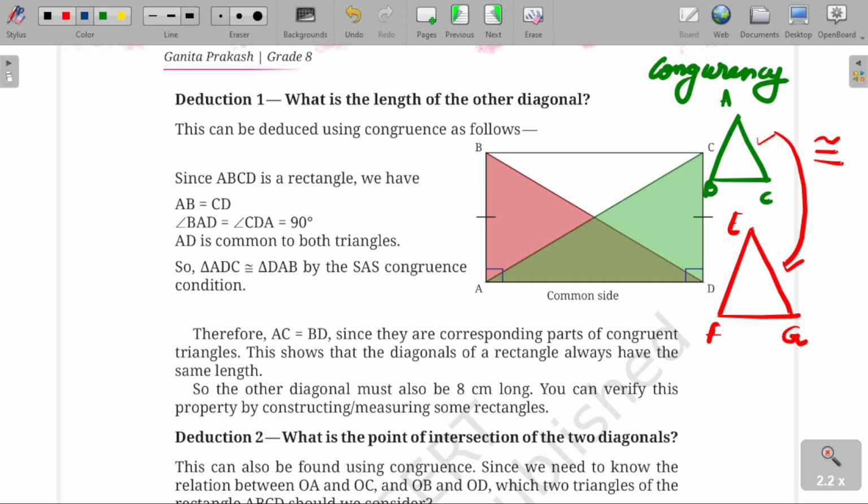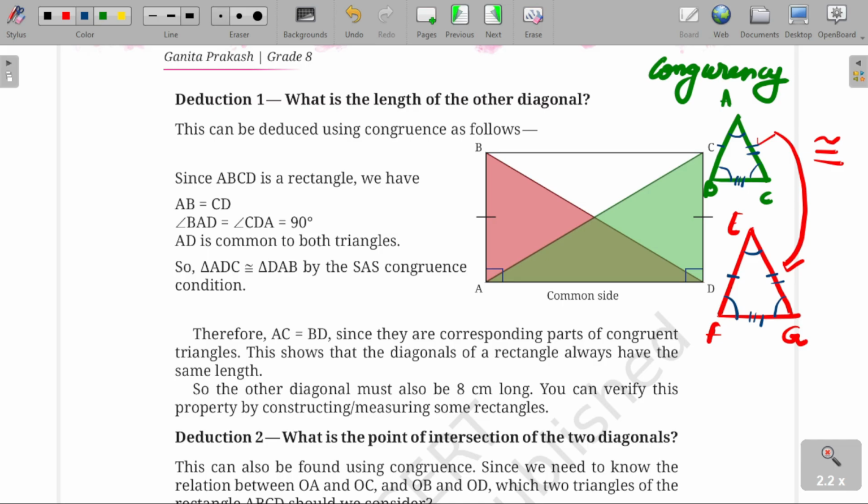See, angle A should be equal to angle E, angle B equal to angle F, angle C equal to angle G. Similarly, AB should be equal to EF, AC equal to EG, and BC equal to FG. Only then these two triangles will be called congruent.